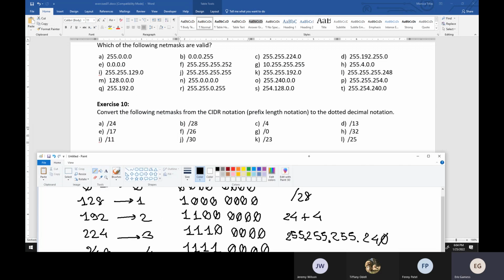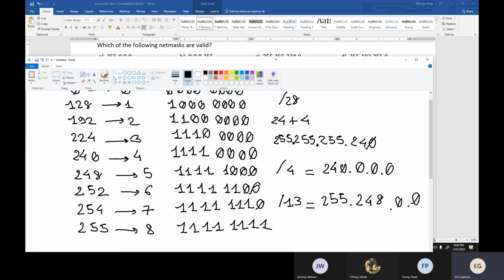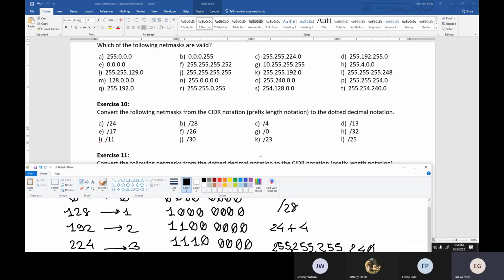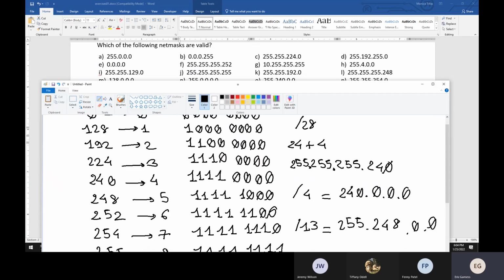For /23, this one, for example. How do you create for /23? For /23 will be what? 255, give me 8. Another 255, give me another 8. So we have 16. How many is missing? 7. 7 is 254. Isn't it? It's 8 plus 8 plus 7. It will be 255.255.254.0. /30 here, for example.